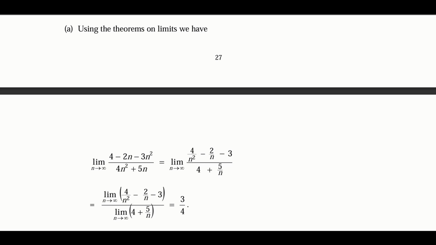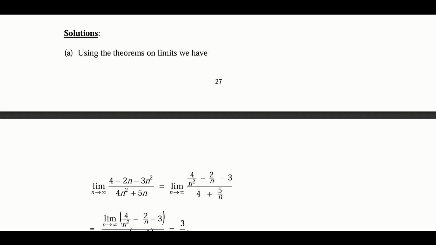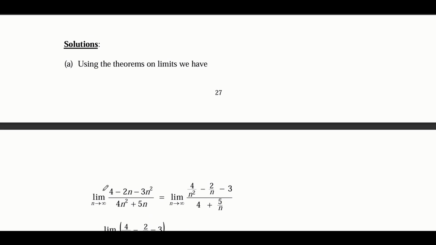When you are approaching infinity, and the variable in question is in the denominator, it makes more sense if the denominator has a higher power. So you have to factorize n out of the numerator, n out of the denominator. Or someone can also say divide both numerator and denominator by n.